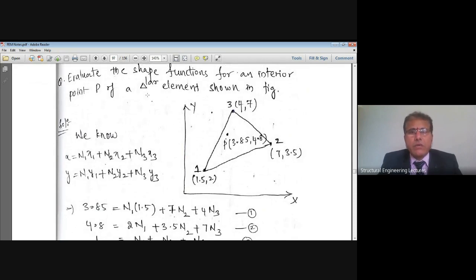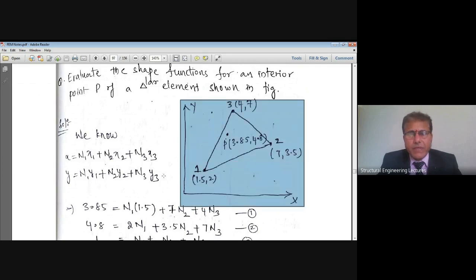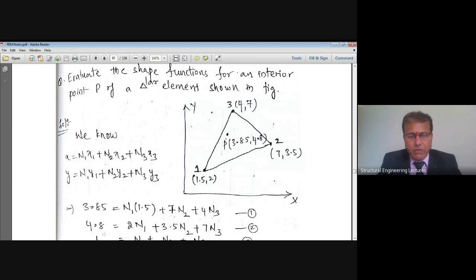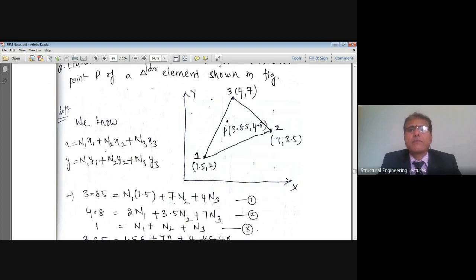This is the problem: evaluate the shape functions for an interior point P of a triangular element shown in the figure. In the Cartesian coordinate system, the element has node numbers 1, 2, 3, and the interior point is shown as point P (3.85, 4.8).